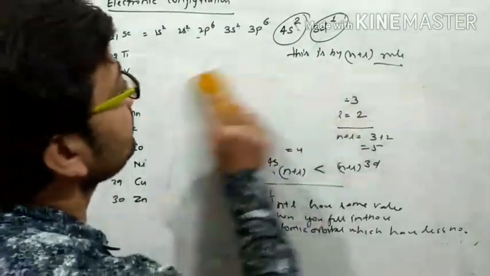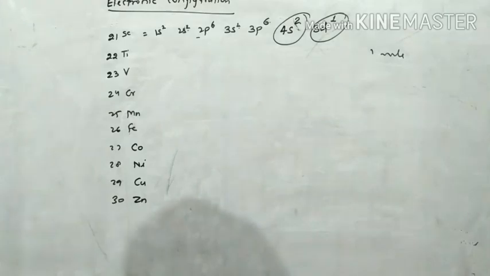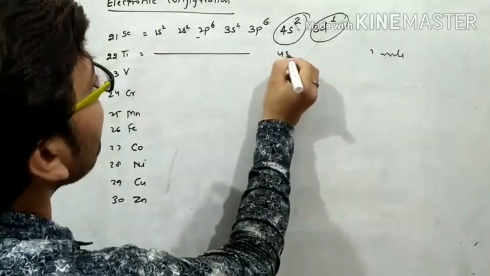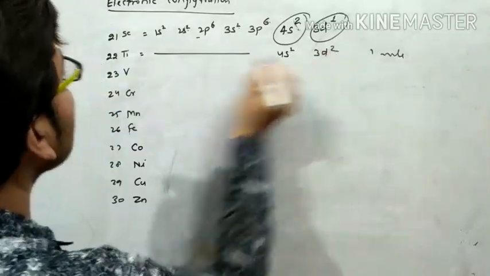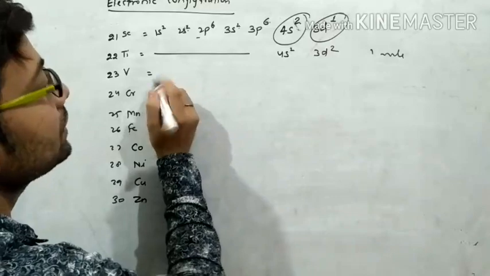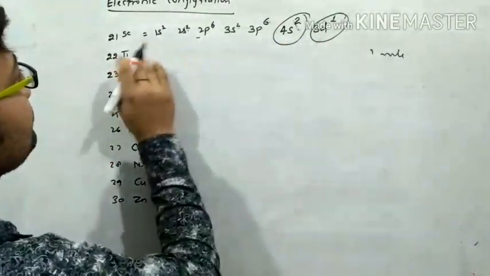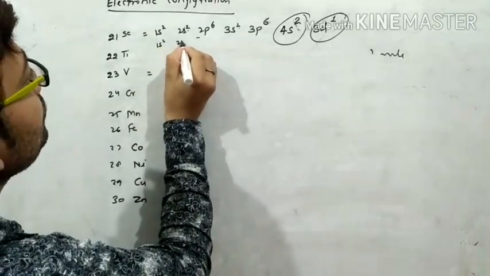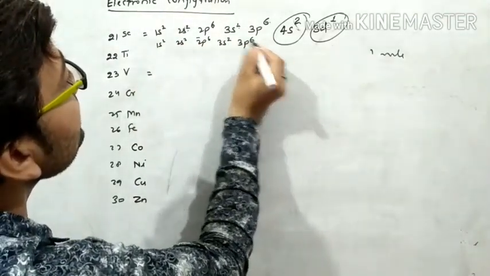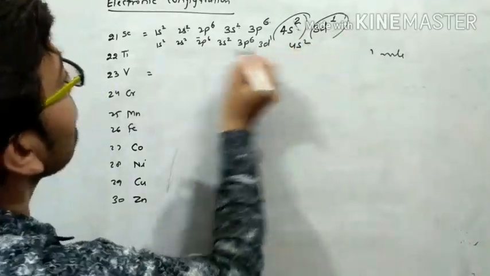Now for titanium, 4s2 3d2. But when you write the electronic configuration, you can also write it like this: 1s2, 2s2, 2p6, 3s2, 3p6, 3d2, and then 4s2.